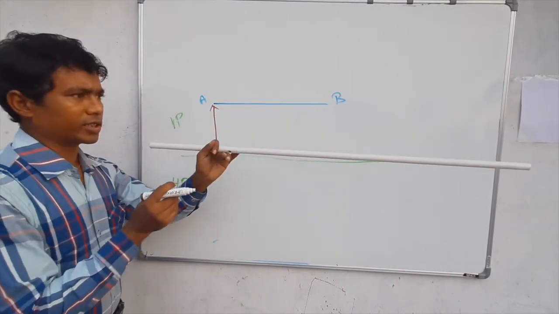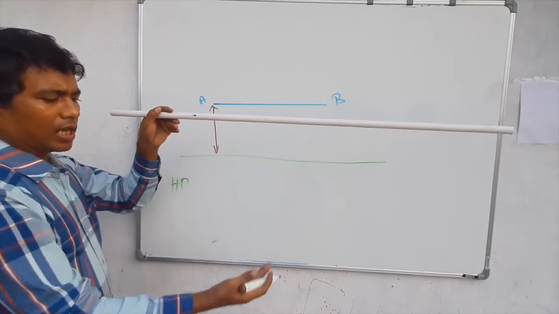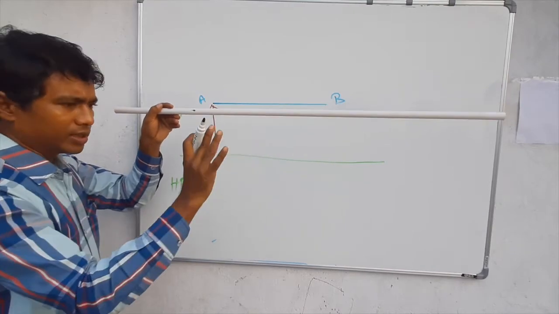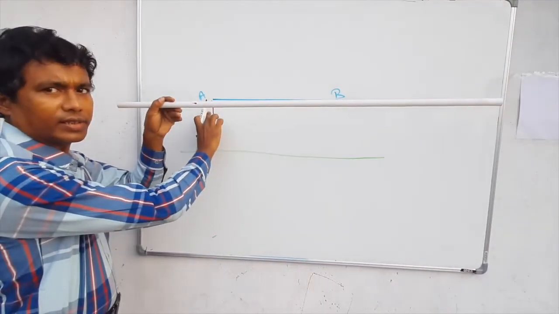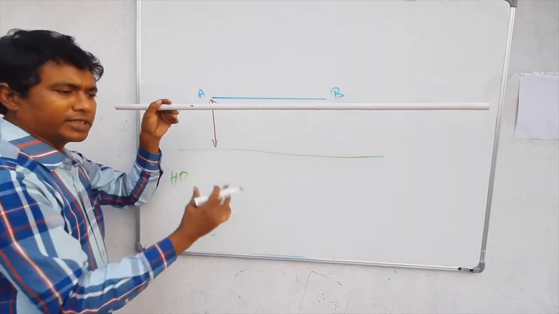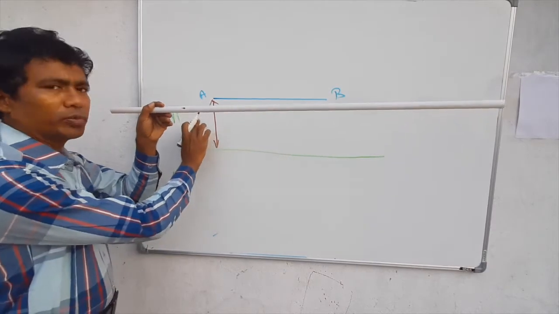Distance is here above HP. What distance will be given above HP? That is the distance here. Means the dimension given with respect to HP will be implemented on VP.